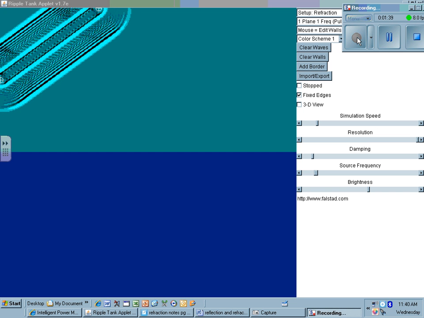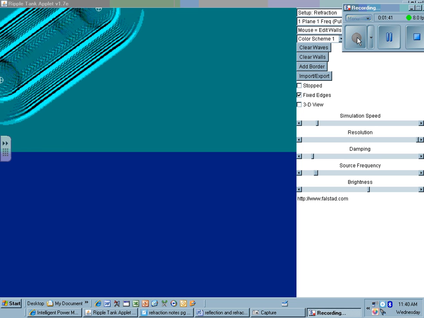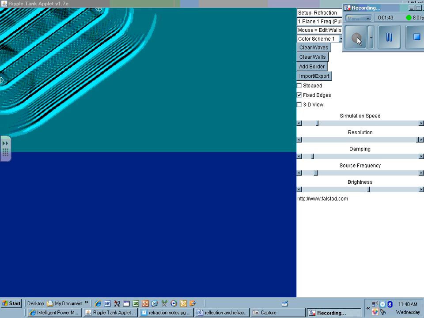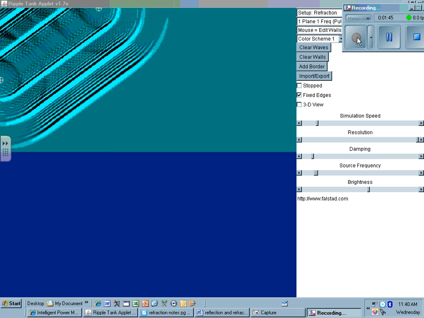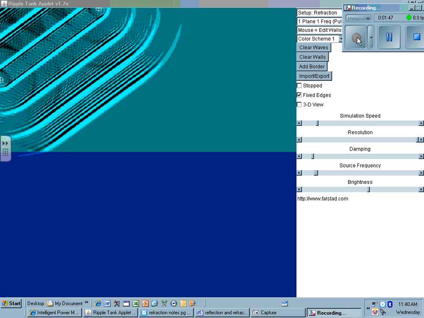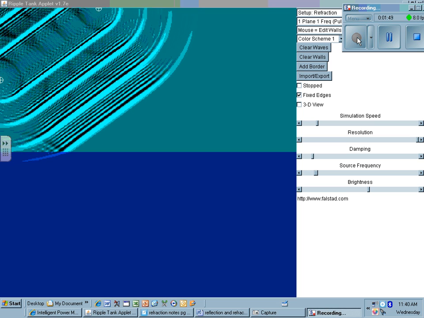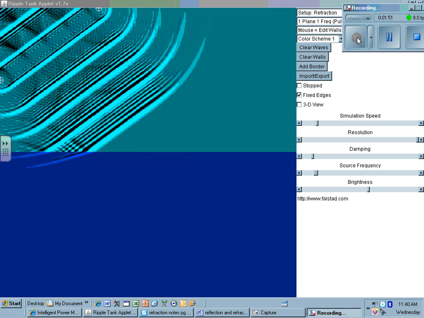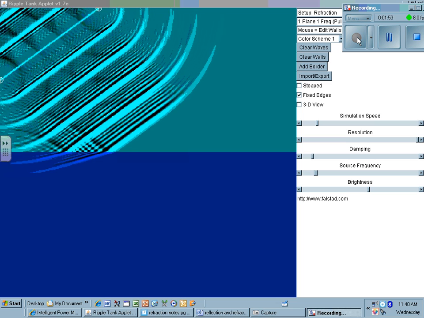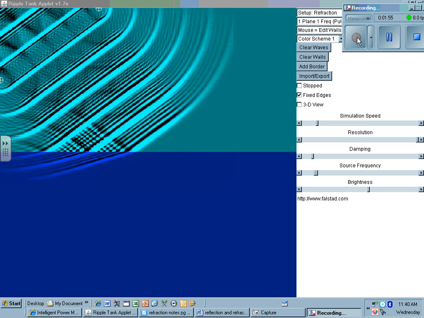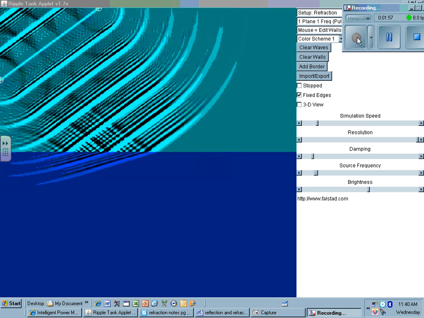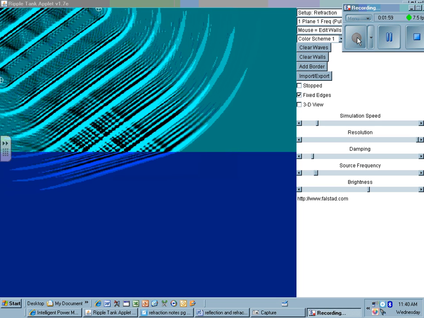What you're watching here is the top part, which we're going to say is air, a wave going through air. The bottom part, which is dark blue, is a wave going through water. As soon as the wave hits the water, what happens? It bends. That's called refraction. But I also want you to notice how the wavelength gets smaller.